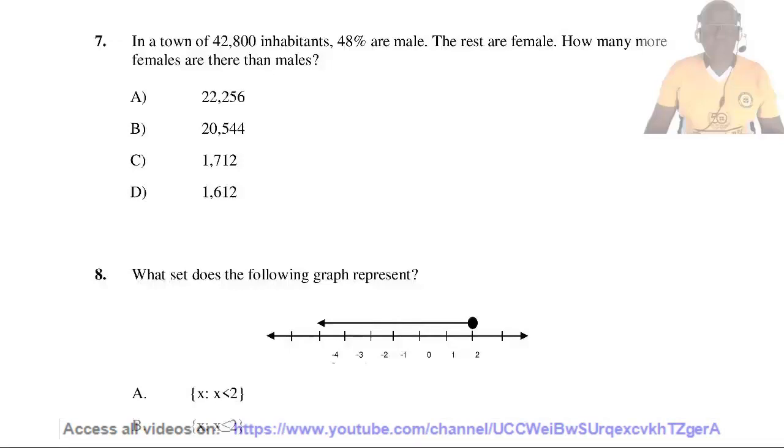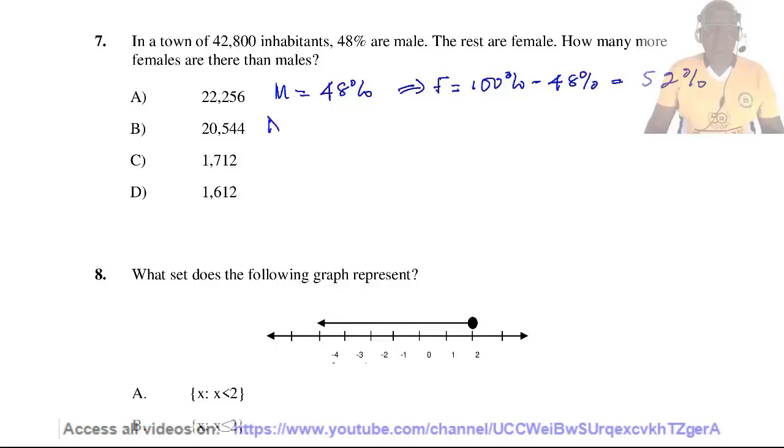Question 7. In a town of 42,800 inhabitants, 48% are male, the rest are female. How many more females are there than males? The male, M, equals 48%. This implies female, F, will be equal to 100% minus 48%, which equals 52%.